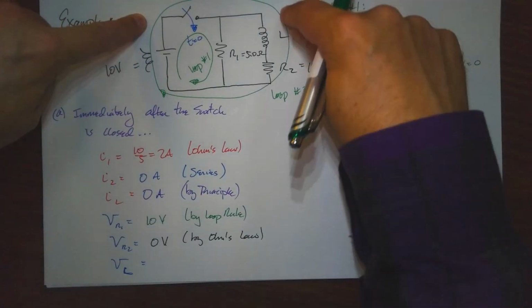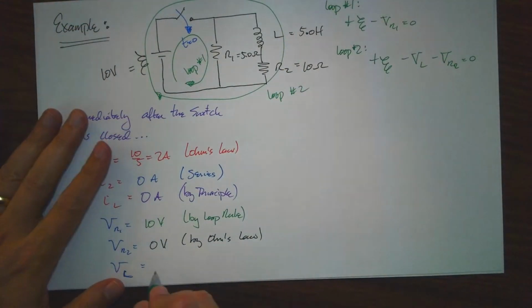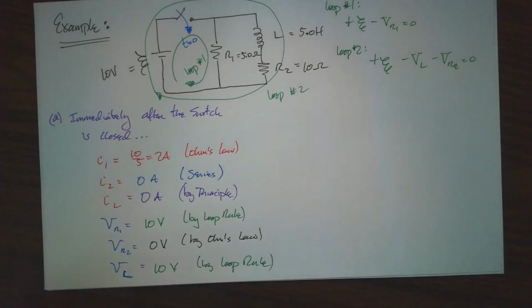If you go up by 10, down by something, and down by nothing, the 10 had to be there. So this has got to be 10 volts. We didn't use any formula. We used basic concepts in circuits. It's kind of like a conceptual circuit question.